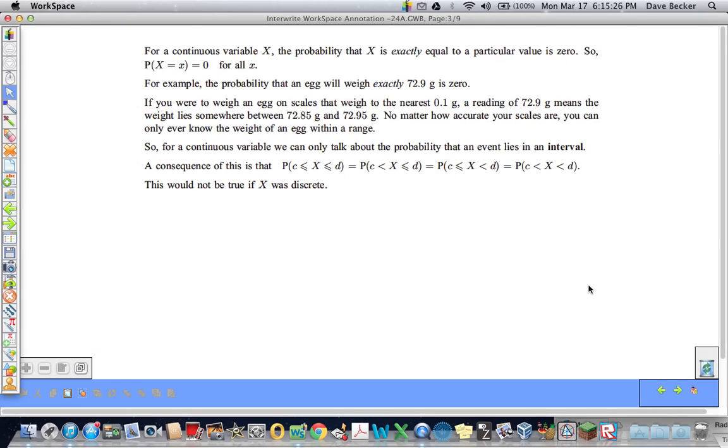We're limited by the accuracy of our measuring devices. So for a continuous variable, the probability is always calculated on a range. It's between two values. So we can find the probability that the egg will weigh between 72.85 and 72.95 grams. Okay. Now, if the data were discrete, we could find an exact probability, but with continuous data, you cannot.